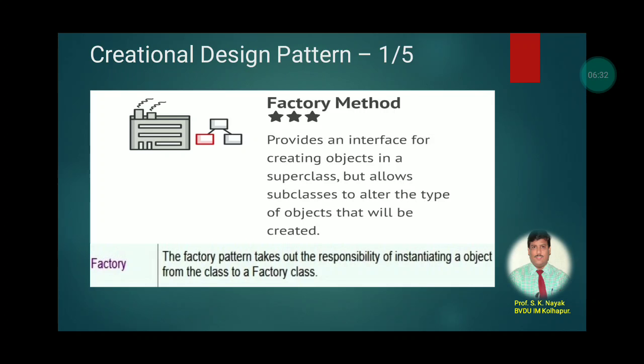First see the definition, or what it does. The factory method provides an interface for creating objects in a superclass. It helps to create different objects through a particular interface. A superclass is also called a base class or universal class, but it allows subclasses to alter the types of objects that will be created.